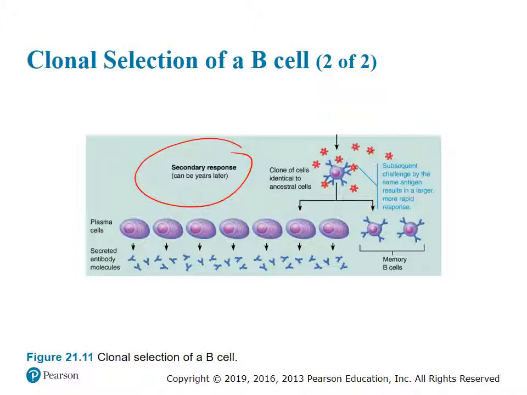But look how many plasma cells get produced versus our last example, right? Many plasma cells get produced. And also we see memory cells get produced in greater numbers. But it also means that we produce a lot of antibodies. A lot of antibodies get produced, and those antibodies are produced in great amounts.